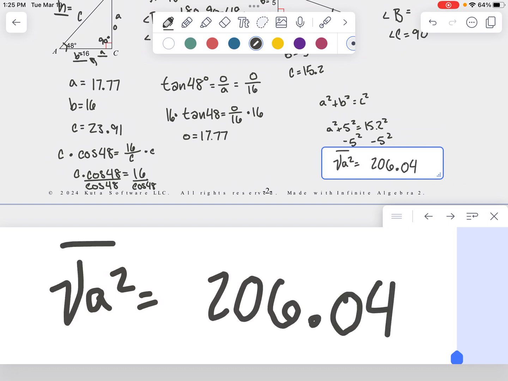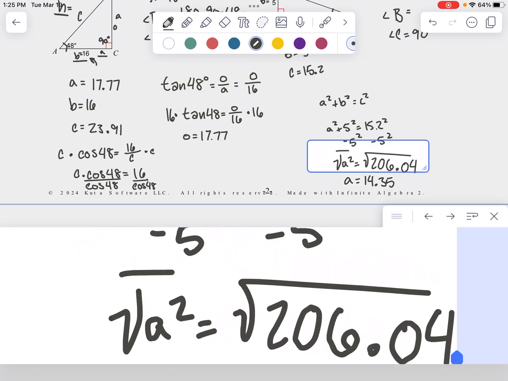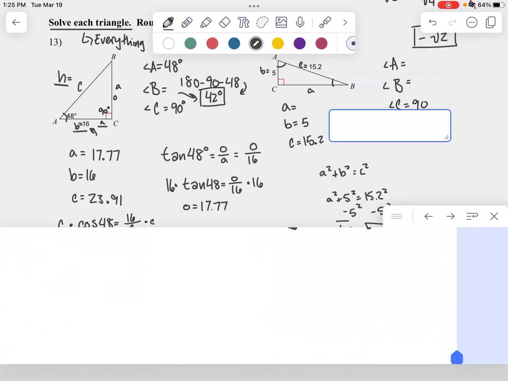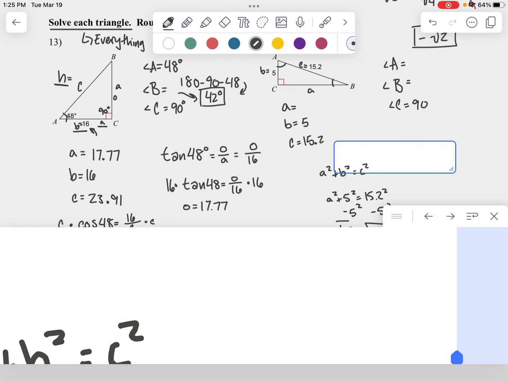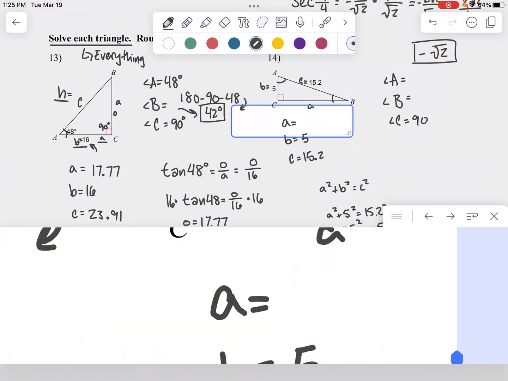And then if I want a by itself, we just take the square root. So a is the square root of that, which is 14.35. Okay, cool. So we now have our value for a. It's 14.35, so we'll put it in here too.